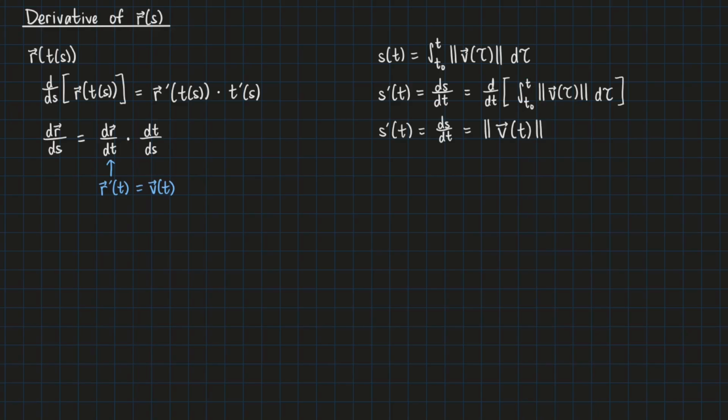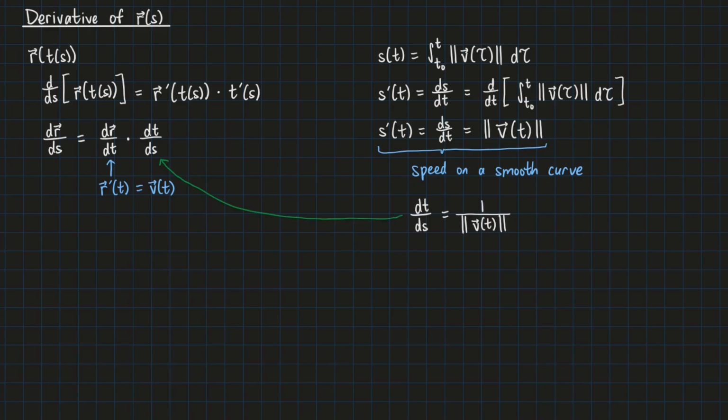The magnitude of velocity is speed. If we reciprocate both sides of ds dt equals the magnitude of v of t, we'll have dt ds equal 1 over the magnitude of v of t. So the derivative of r with respect to s equals v of t times 1 over the magnitude of v of t.